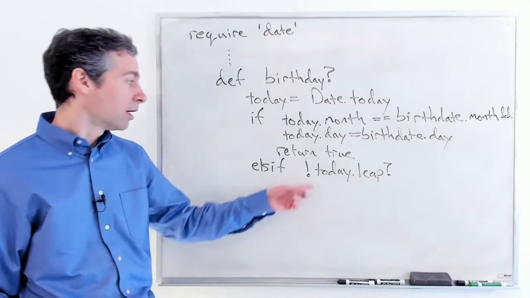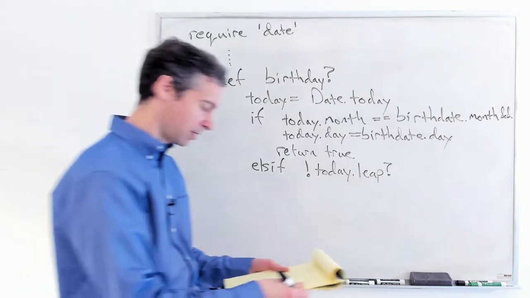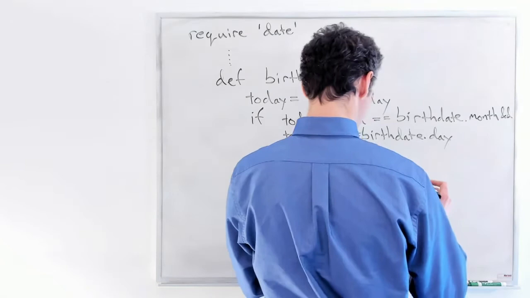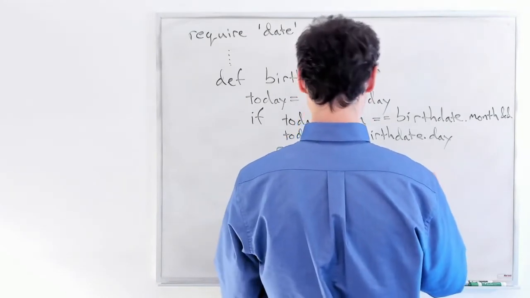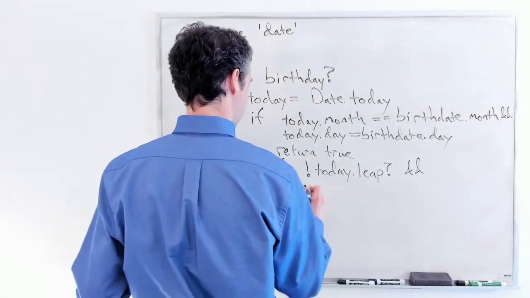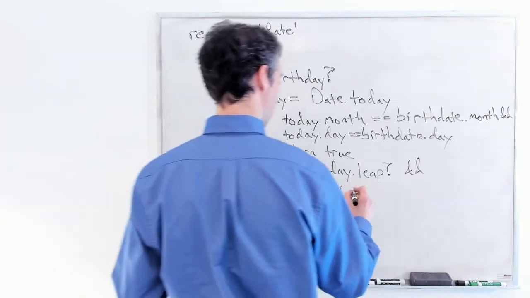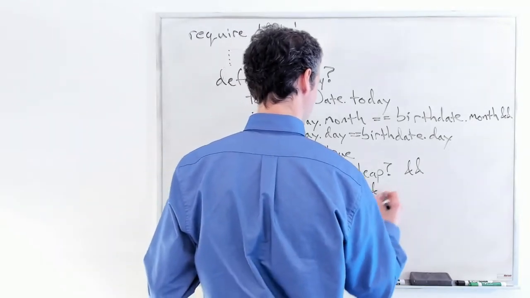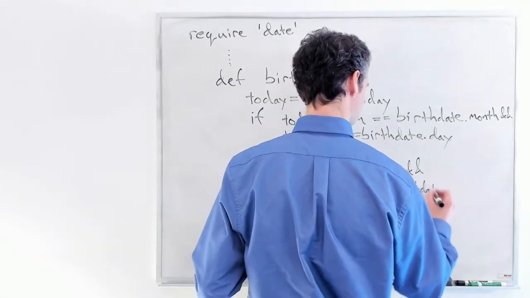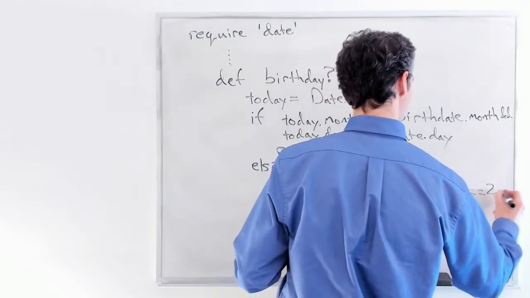So we can say if it's not a leap year, all right, and we have the following scenario, that today dot day is equal to 1, and our birth date dot day is equal to the 29th.